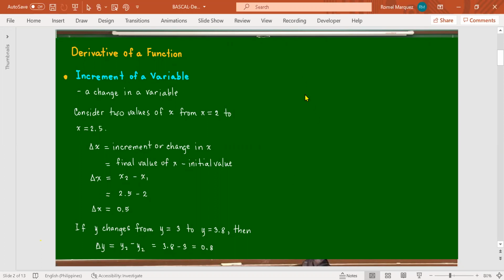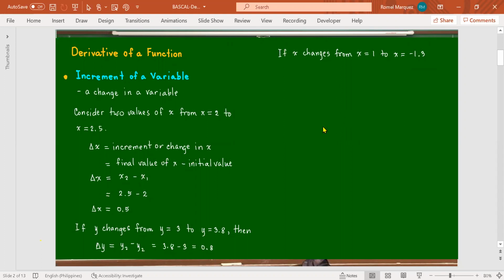Yes po, sir. What about if x changes from x equals 1 to negative 1.3?